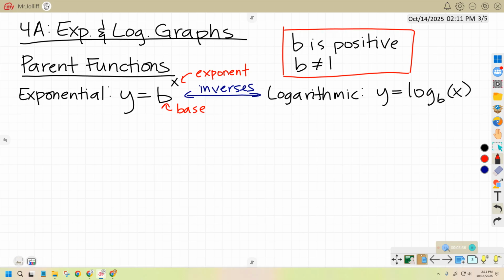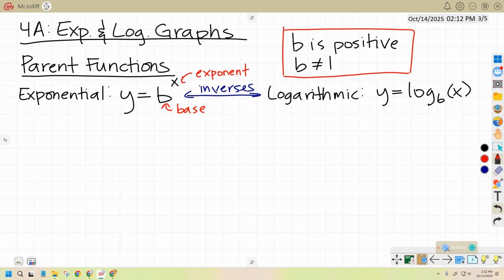Why don't I want b to be 1? If I have 1 to the x, what's my function going to look like? 1 to the 0 is what? 1. 1 to the 1 is 1. 1 squared is 1. 1 cubed is 1. Regardless of what my x is, I'm at a height of 1.